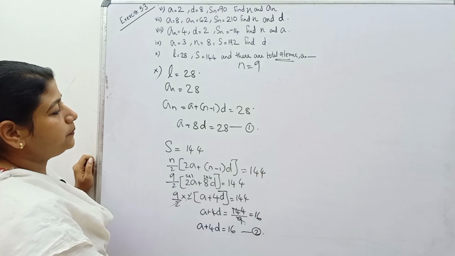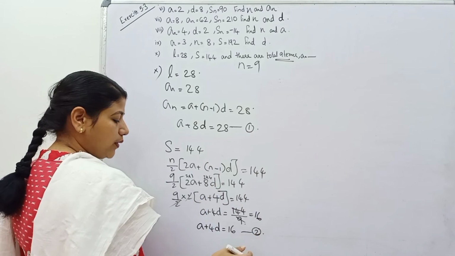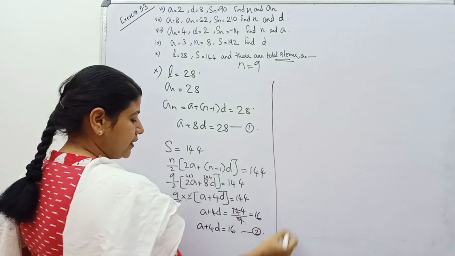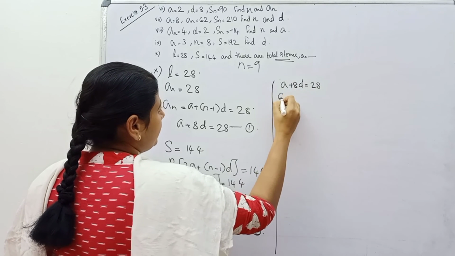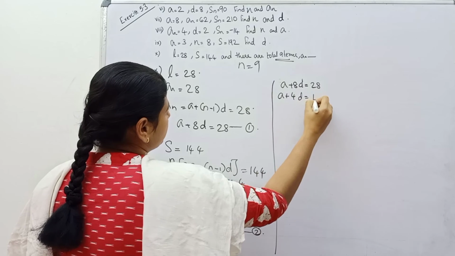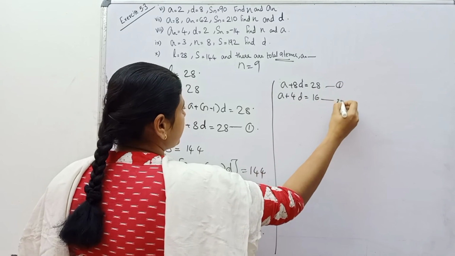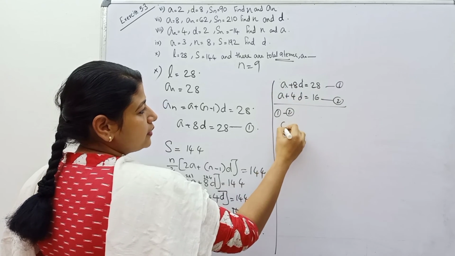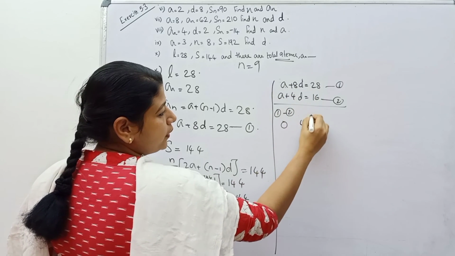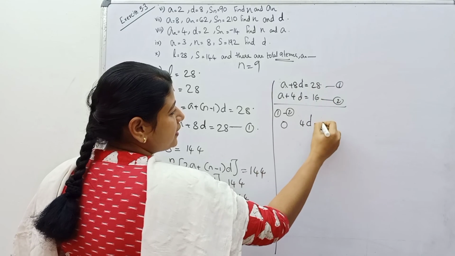Now we can solve these two equations. a plus 8d equal to 28 and a plus 4d equal to 16. This is the first one and this is the second one. We can subtract 1 minus 2. a minus a is 0. 8d minus 4d is 4d equal to 28 minus 16 is 12.